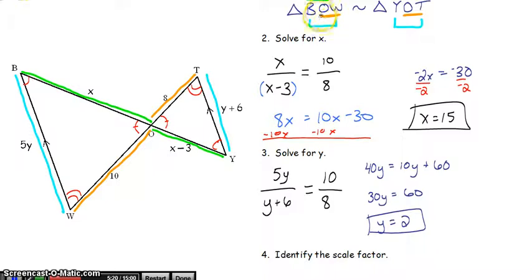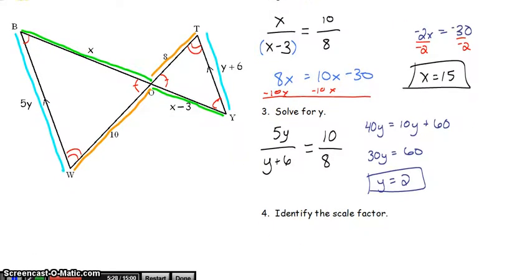Whichever triangle you write first should be the numerator in your scale factor. Whichever triangle you wrote second should be the denominator. Since I did triangle BOW first, it'll be my numerator, and I did triangle YOT second, it'll be my denominator.